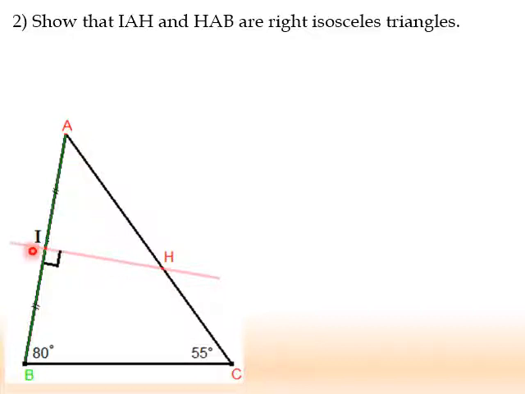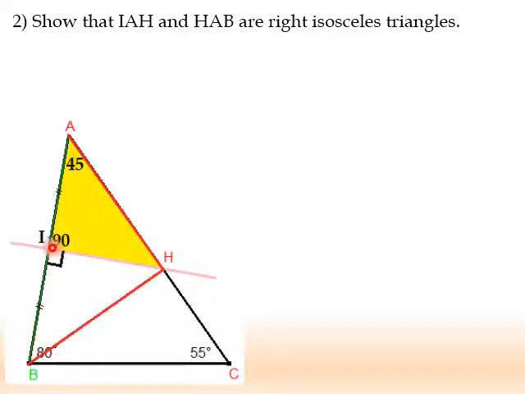Since IH is the perpendicular bisector of AB, definitely HIA equals 90 degrees, and the triangle HIA is right at I. But how to prove it's right isosceles? Up till now we proved it's right. What about the sides IA and IH? No one told me that they are equal, so let's move to angles.